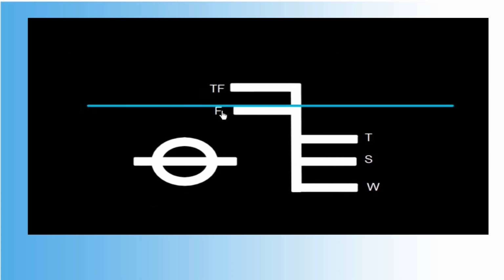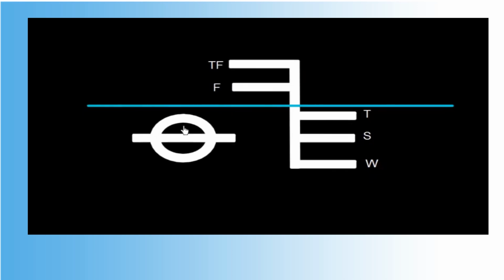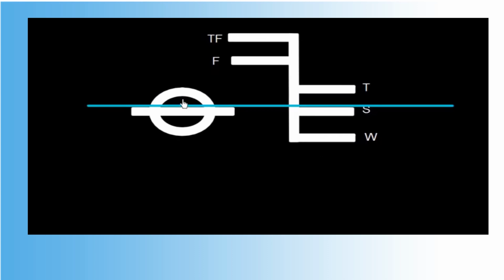Now this F is the freshwater load line, and this is the line up to which the ship can be loaded in freshwater in a summer zone. It must be noted that when a ship loaded to F in freshwater goes into salt water, the ship will rise like this and come to the S level.